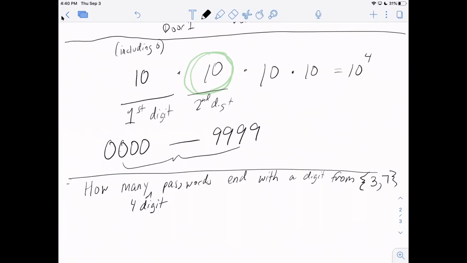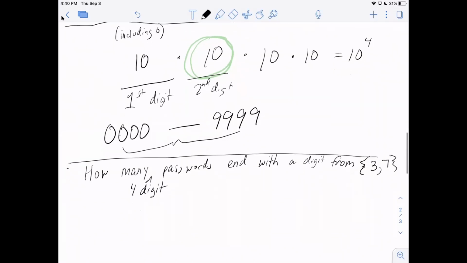So just the last digit has to be a 3 or a 7. But there's different ways of phrasing. It's nice. It'll be 2,000. Good. So there's 10 here, 10 here, 10 here, and the last one there's 2. So there's all sorts of ways to ask questions that are similar to this, which is 2,000.